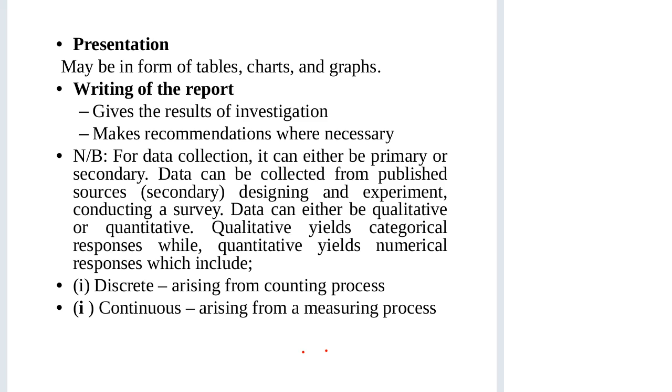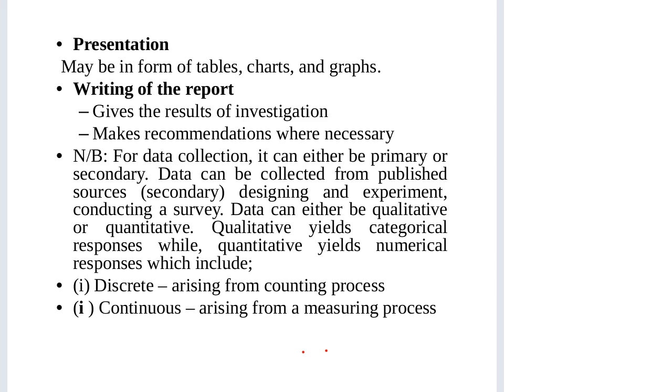In case of data collection, I said we have two types of data: secondary data and primary data. The data that is collected from published sources is what we refer to as secondary data.